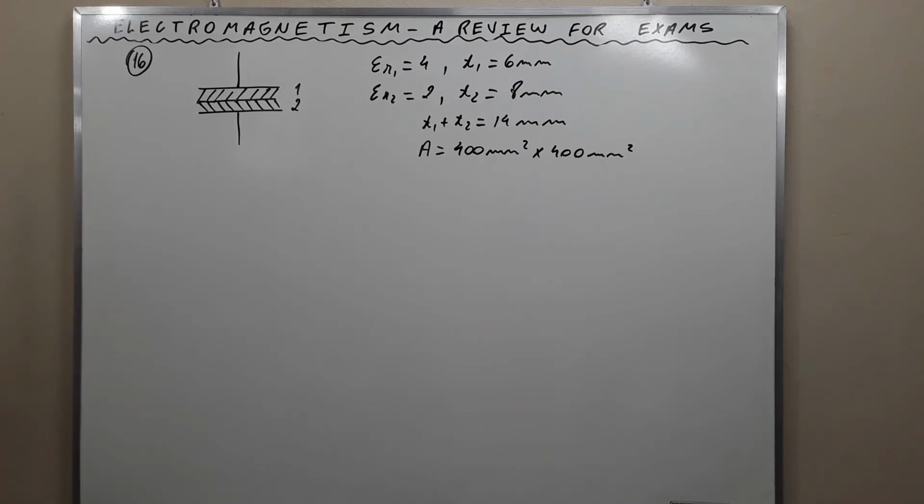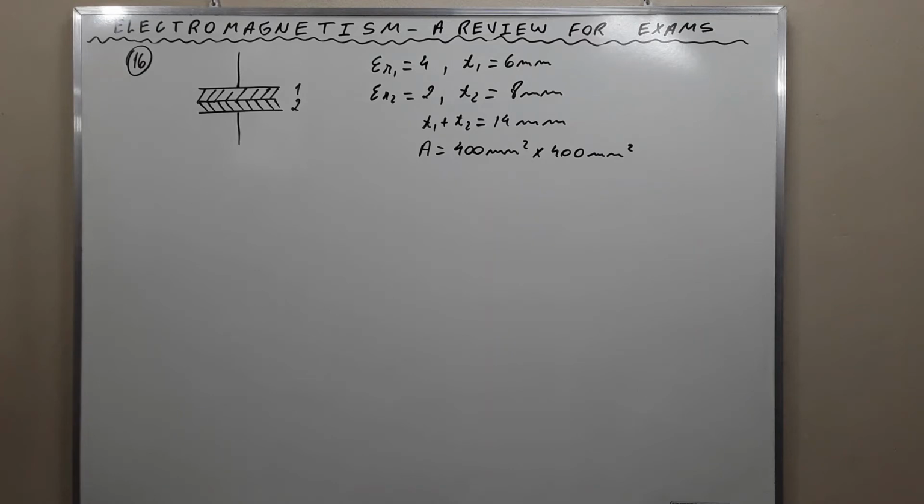The 14 millimeter space between the plates is filled with two layers of dielectrics of relative permittivity 4 for dielectric 1 and 2 for dielectric 2, and their thicknesses are 6 millimeters for dielectric 1 and 8 millimeters for dielectric 2. And with this data, the exercise wants us to calculate the capacitance of this capacitor.